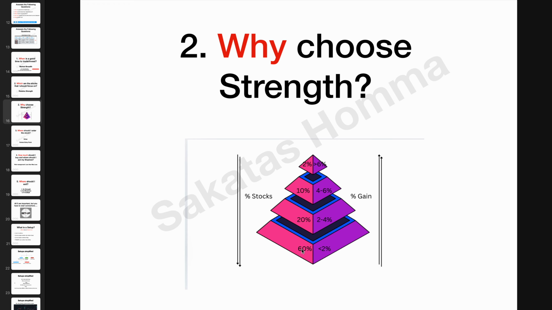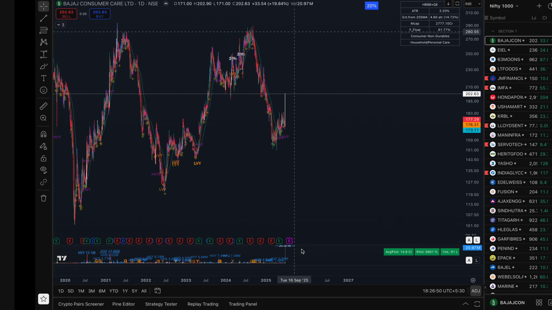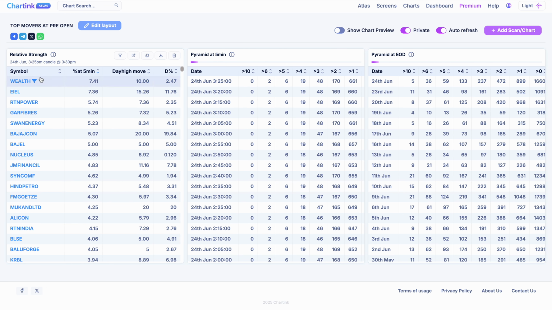So probabilistically, numbers game, 1 out of 60 versus 1 out of 6 in the top 5 at 920, the probability of these guys going and doing well further is way higher. So Bajaj Consumer did 15% more, Swan Energy did 3% more, Garware, EIEL doubled, right? If you see this, that should make sense.